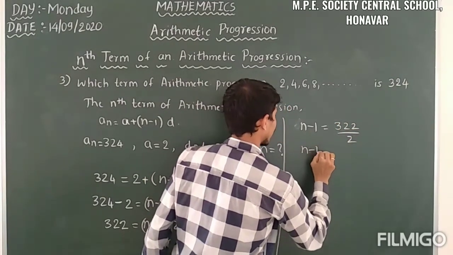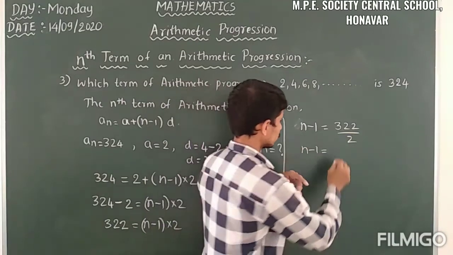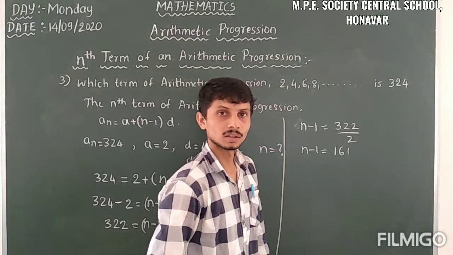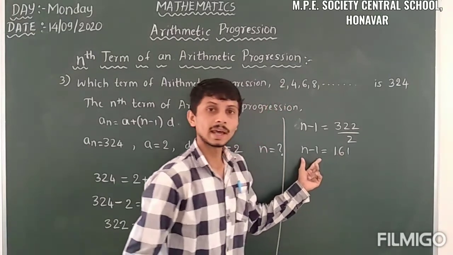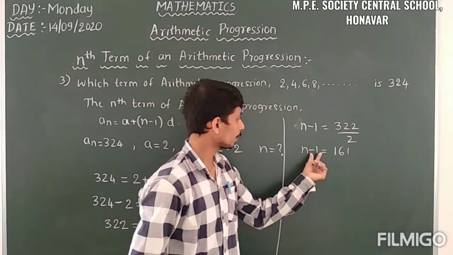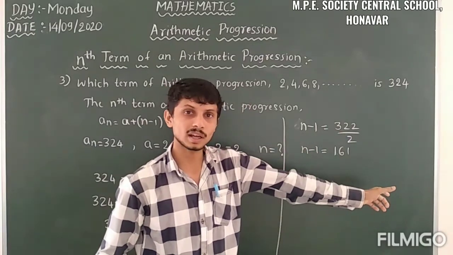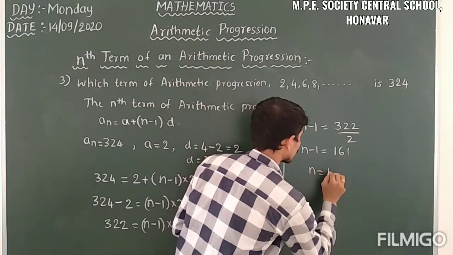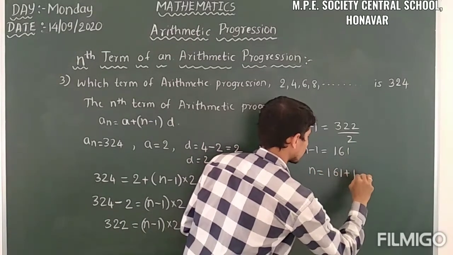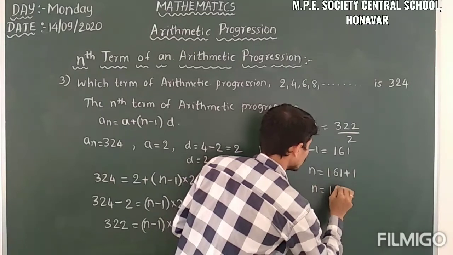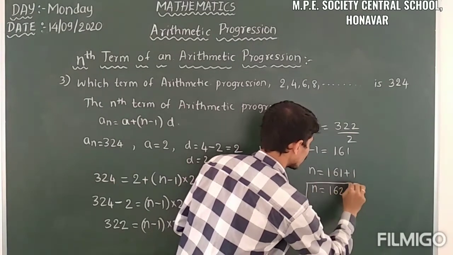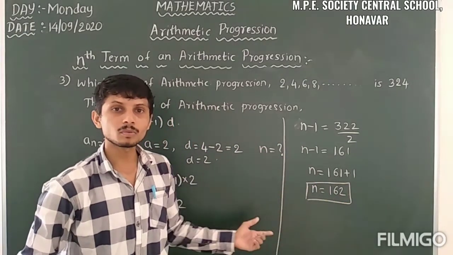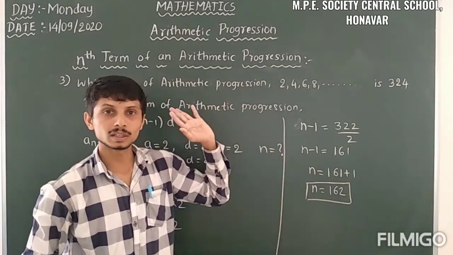N minus 1 is equal to 161. After that we transpose this minus 1 to the RHS side. It becomes plus 1. That is n is equal to 161 plus 1, n is equal to 162. That means the 162nd term of the AP is 324.